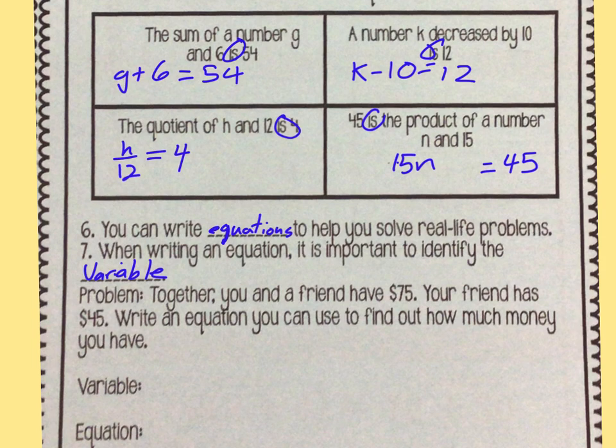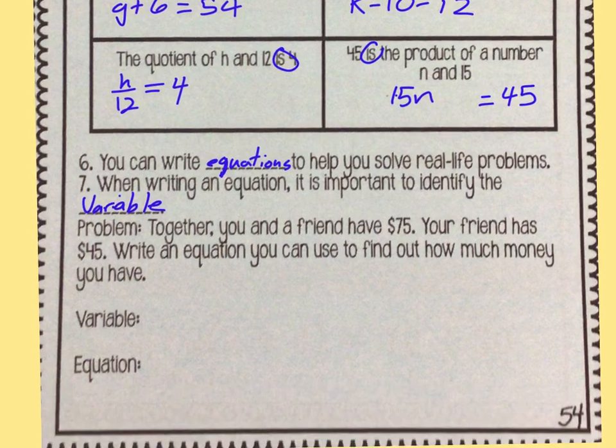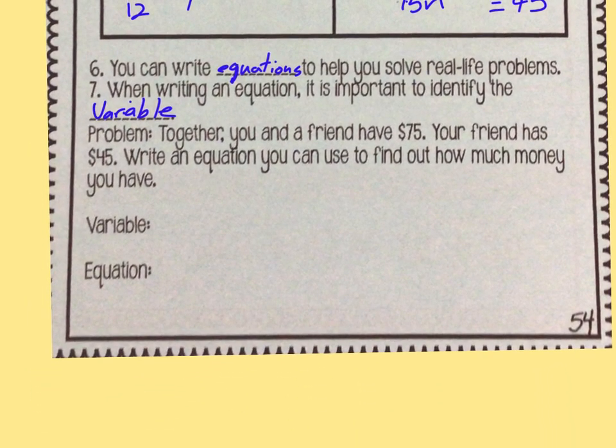Your friend has 45. Write an equation you can use to find out how much money you have. So together, you and your friend have, so that it equals $75. Well, our variable, we'll just call it x. You can call it whatever you want, but we're going to call this one x.